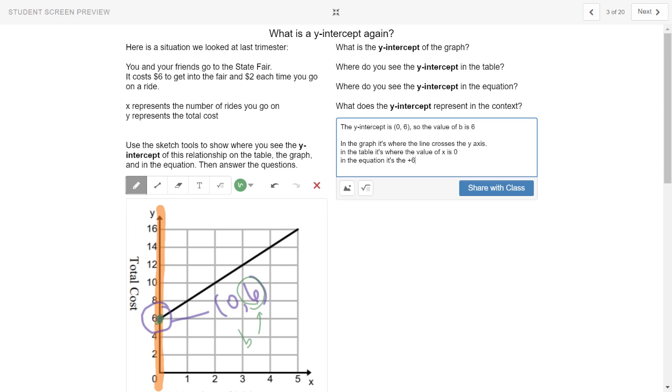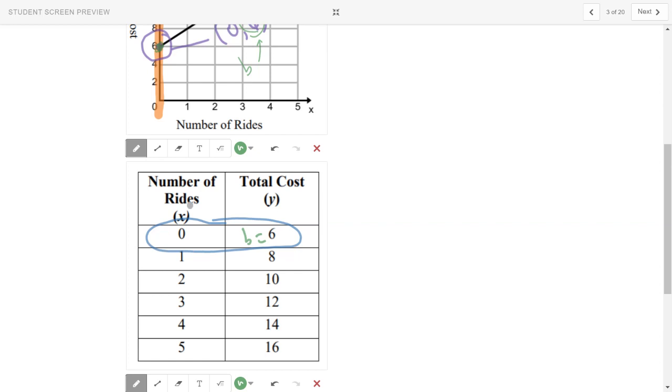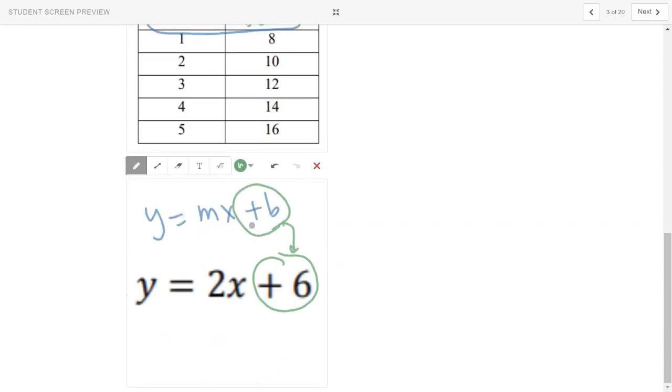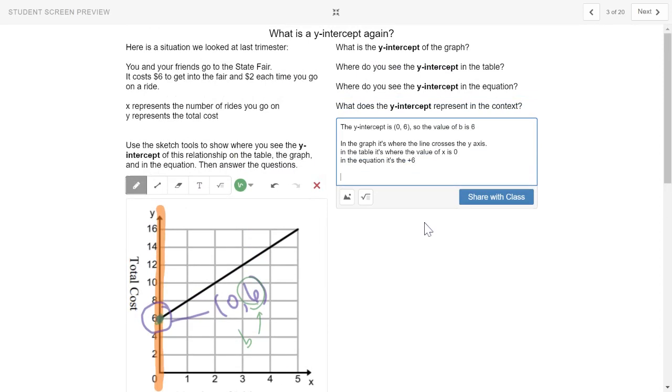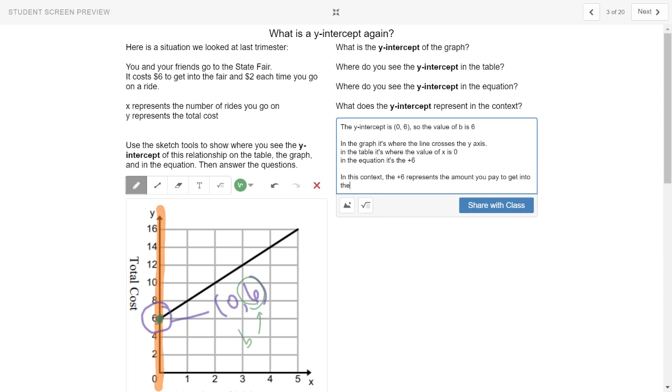In the graph, it's where the line crosses the y-axis. In the table, it's where x is 0, and in the equation, it's the plus part. And in this context, the plus 6 represents the amount you pay to get into the fair before any rides.